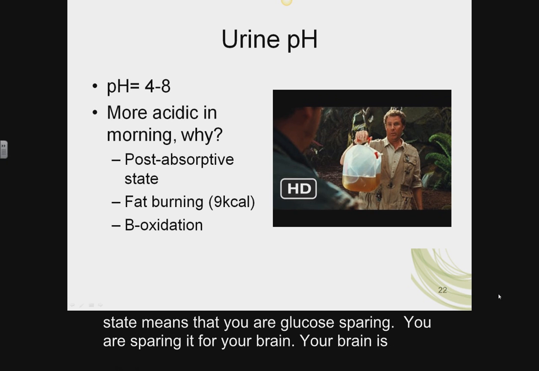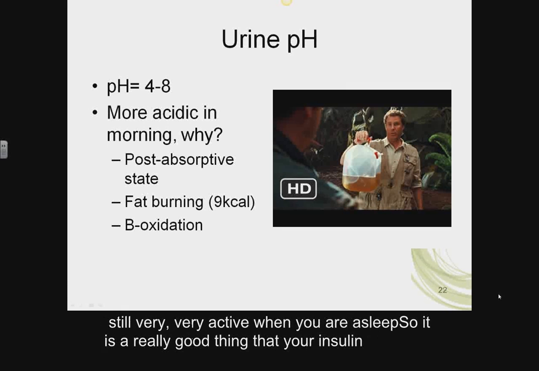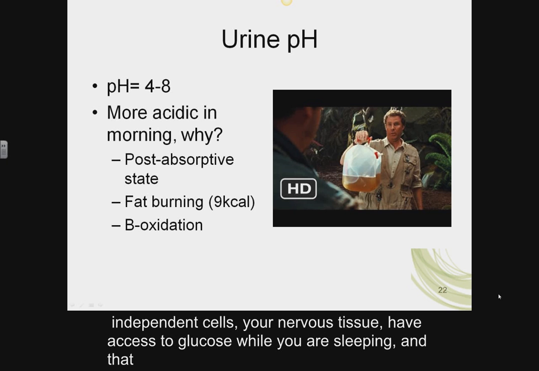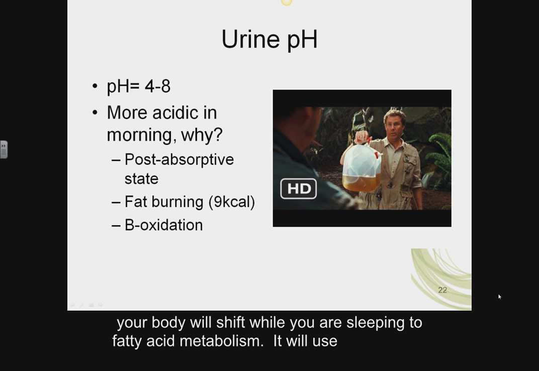So it is a really good thing that your insulin-independent cells, your nervous tissue, have access to glucose while you are sleeping, and that your body's insulin-dependent cells will shift while you are sleeping to fatty acid metabolism. These cells will use beta oxidation, and as a result, beta oxidation generates more acids. That means your morning urine will be even more acidic, reflecting your increased fat burning.